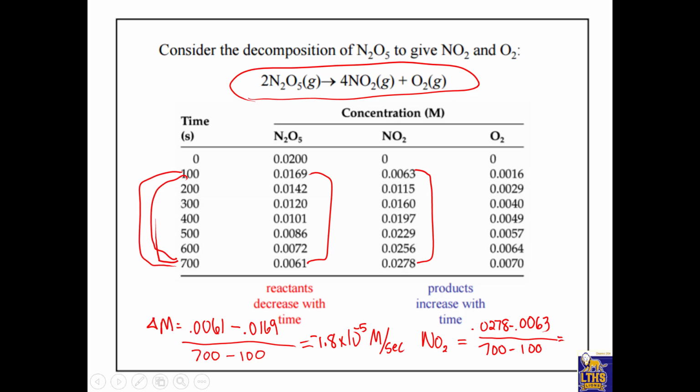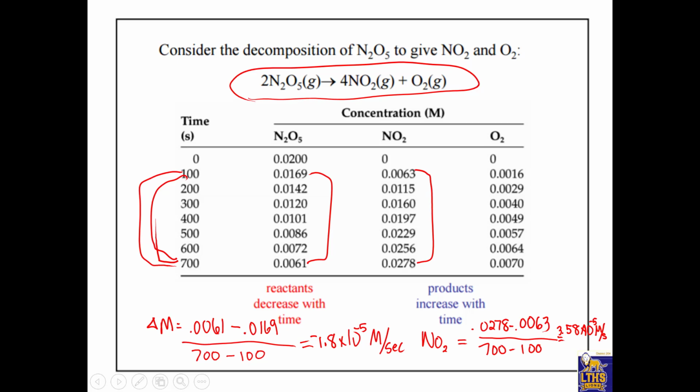So we find out that NO2 is appearing at a rate of 3.58 times 10 to the negative fifth molar per second. We could do this with O2 too, so you could do the rate of disappearance and the rate of appearance.